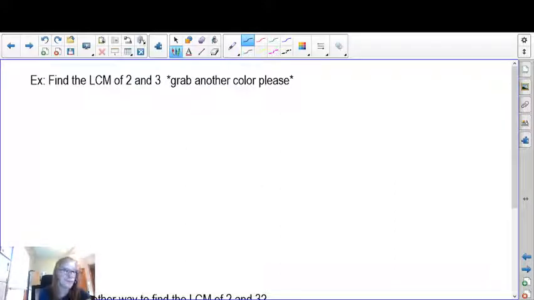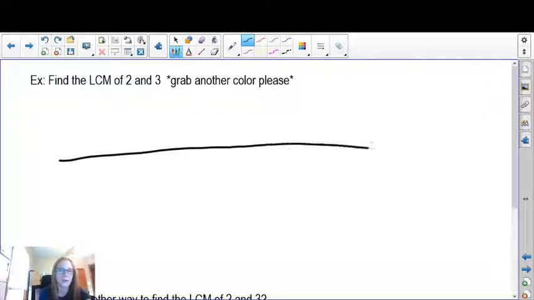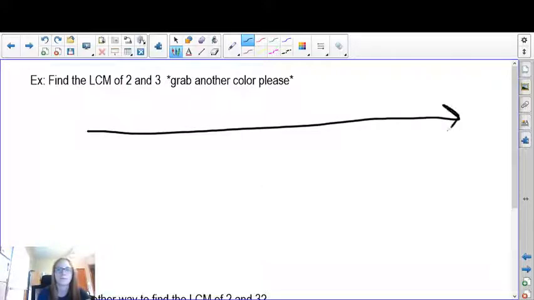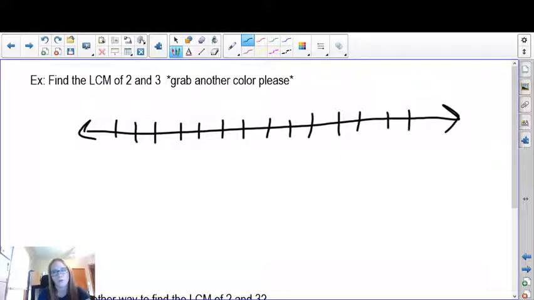So we're going to find the least common multiple of 2 and 3. So one way to do it is to write out a number line, not very straight, so I apologize.